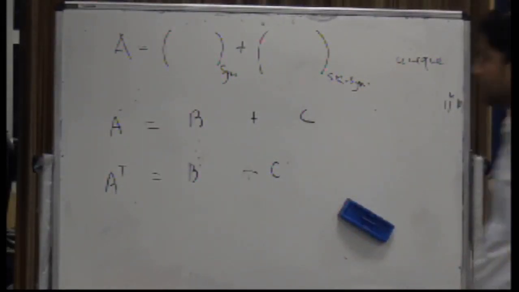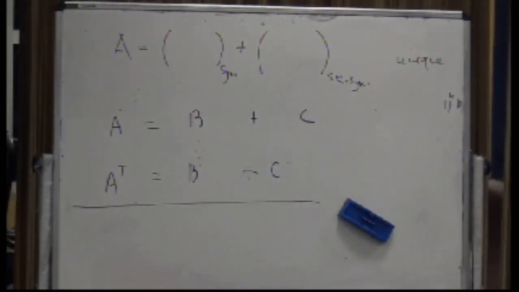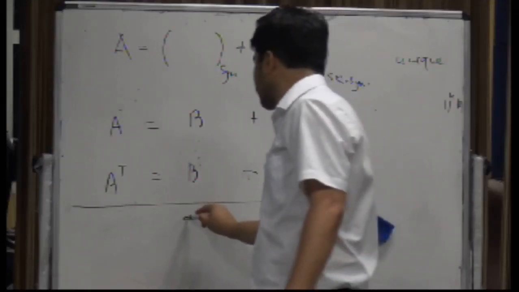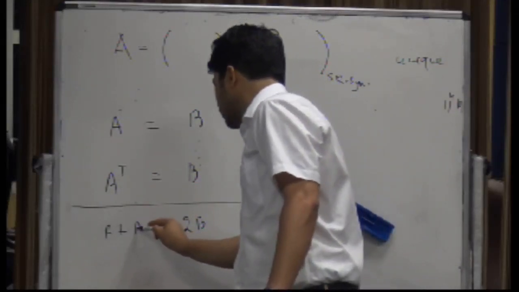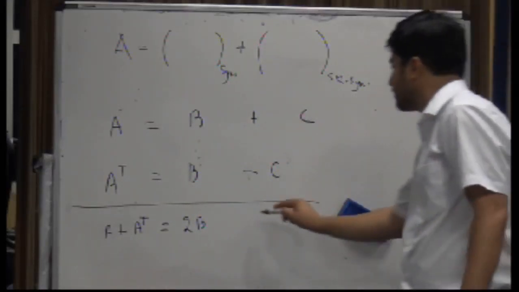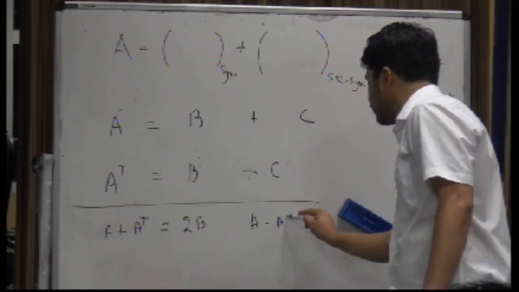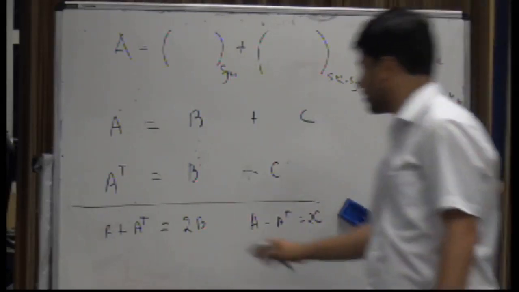Now you got two equations, add them. Subtract it. So what is B?